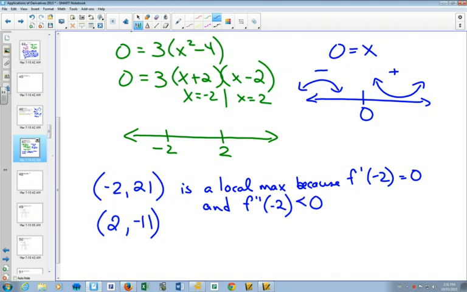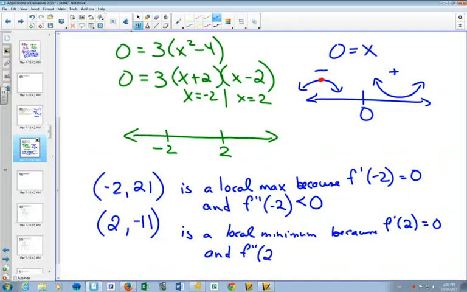And the way to visualize this is if we think about where negative 2 is on our blue number line here, and if there is a place where we would have a stationary point, it would have to be a maximum because it's concave down. Similarly, we can now say that 2, negative 11 is a local min because f prime at 2 is equal to 0 and f double prime at 2 is greater than 0. And again here, that's what we would imagine.